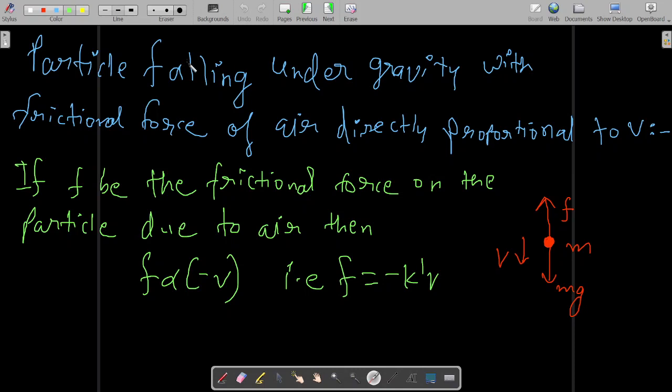Although the particle is falling under gravity, what did you do in the 11th and 12th standard? You used the equations of kinematics, like v equal to u plus at, h is equal to ut plus half at square, v square minus u square equal to 2as, right?